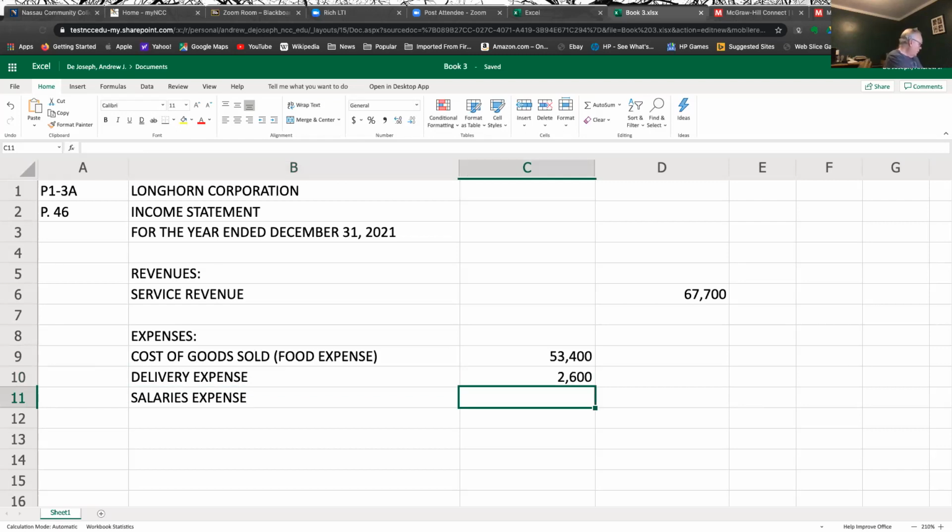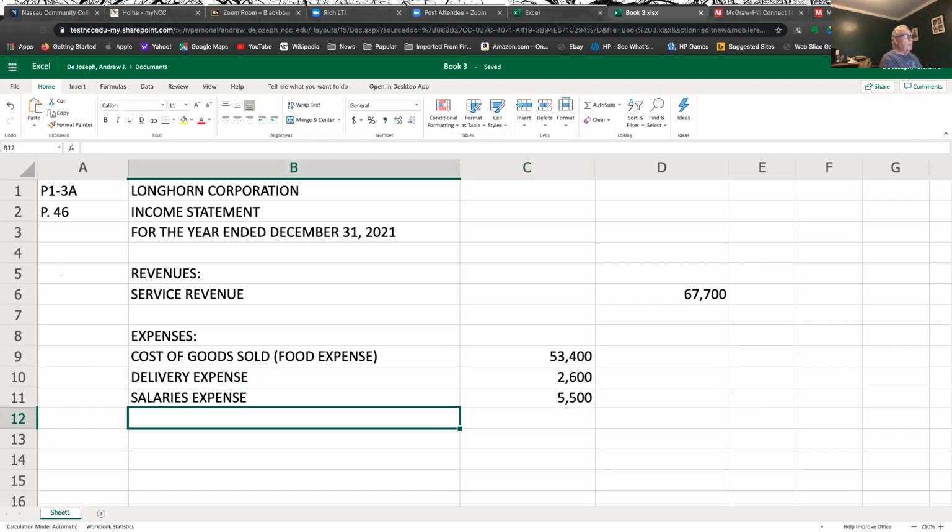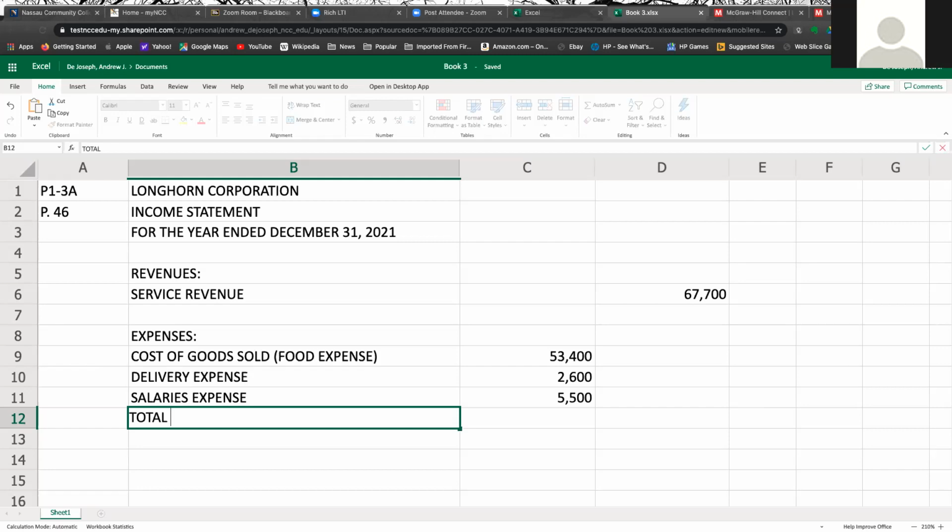Right, and write the whole thing out. Salaries expense. Nice thing when you're doing the problem on Connect, you just type in the first few letters, and then the whole thing will come up and you just have to click on it. Any other expenses? I don't think so. That's it. We can add those up, total expenses.